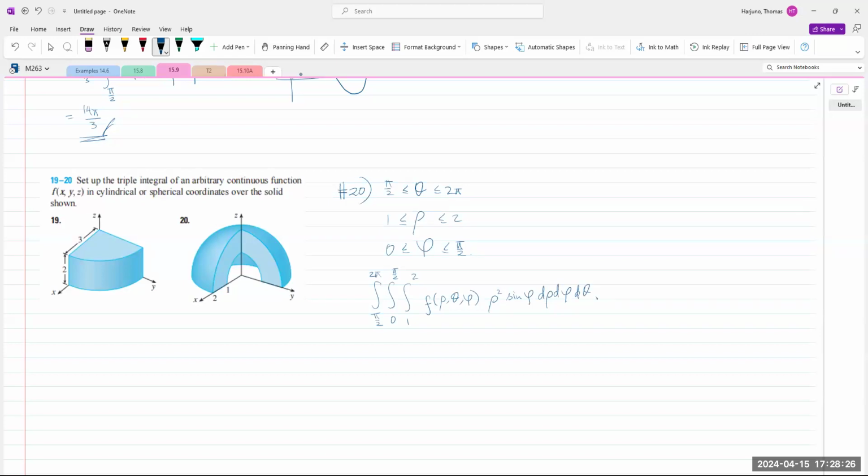That's the setup. Of course, we cannot integrate this because we don't know what the function is.